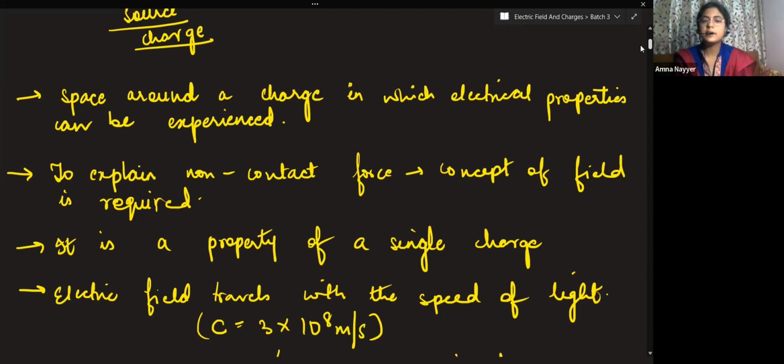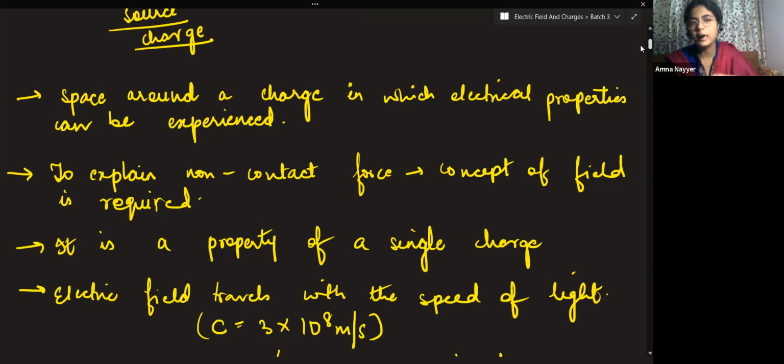Then the other thing is that when we studied electric force, right now when we saw Coulomb's law, what is the minimum requirement of charges for Coulomb's law? Two charges should be there at least. If Q1 is there and Q2 is there, both of them will exert force on each other.